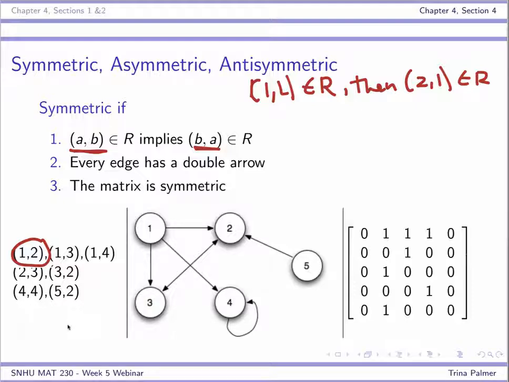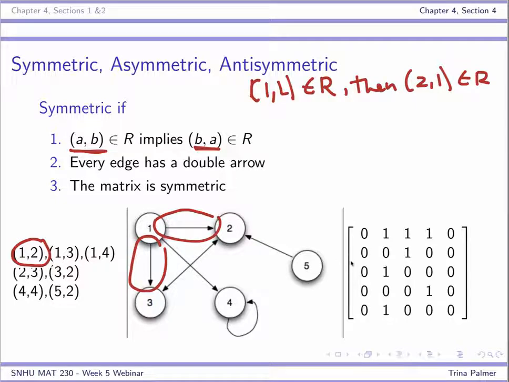If we're looking at the graph, it means that every edge has to have a double arrow. This 1, 2, 2, 1 one does not, and a lot of them do not, so there are lots of examples to show that it's not symmetric. If you're looking at the matrix, it would have to be symmetric.